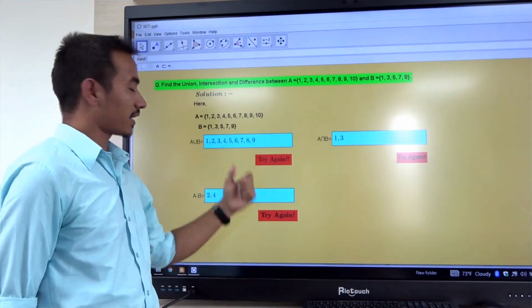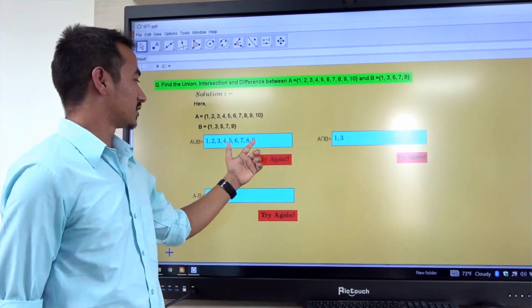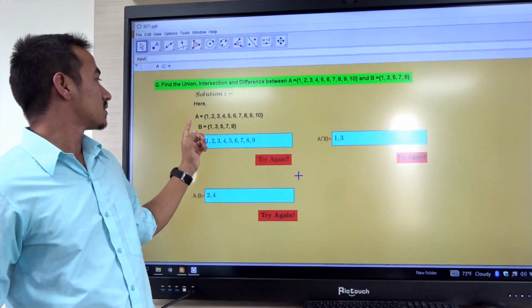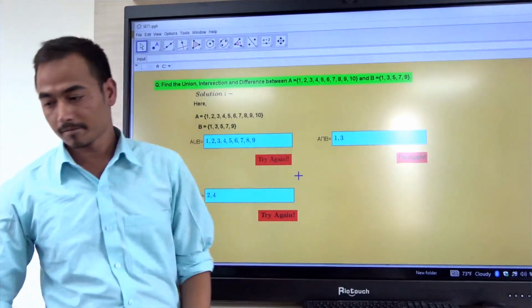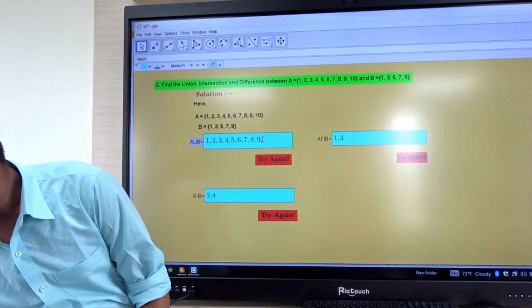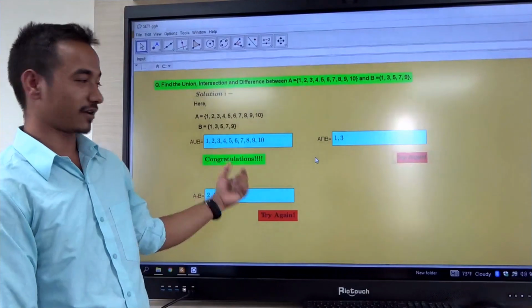So what is the right answer? A union B is all elements that are in either A or B or both, so this is 1 to 10. Congratulations, we got it right.